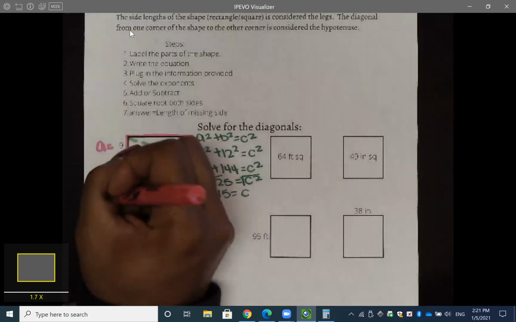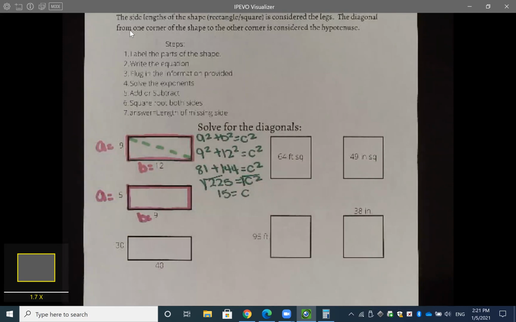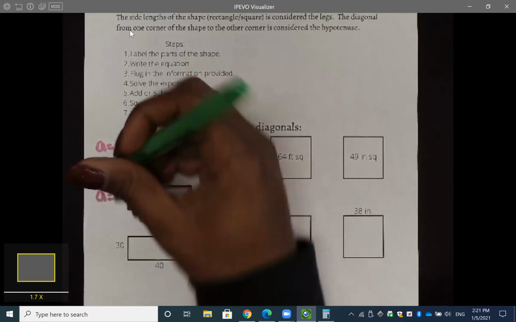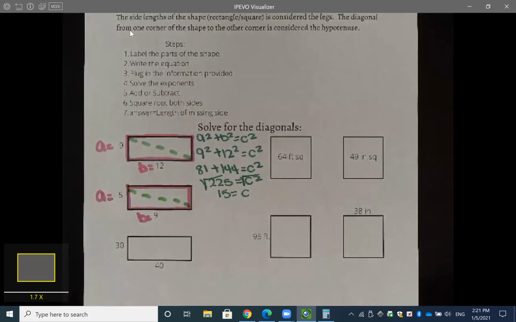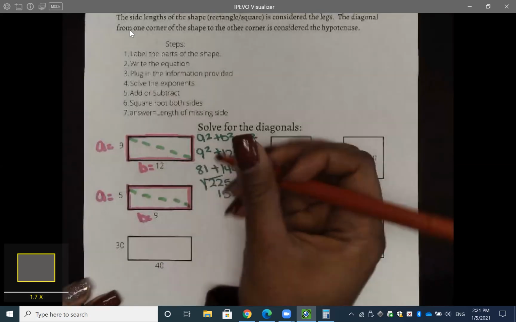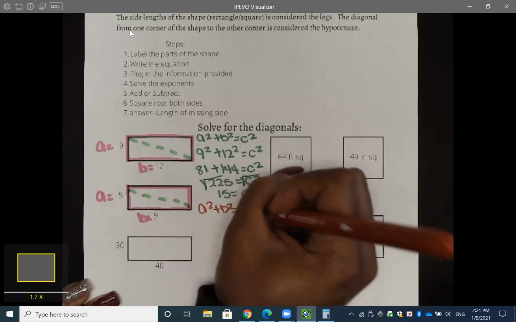Everything touching it is our legs, so our A and B. And the one thing that we do not know is our diagonal. So we are solving for C because that is what we do not know at this point. I'm going to first write my equation: A squared plus B squared equals C squared.